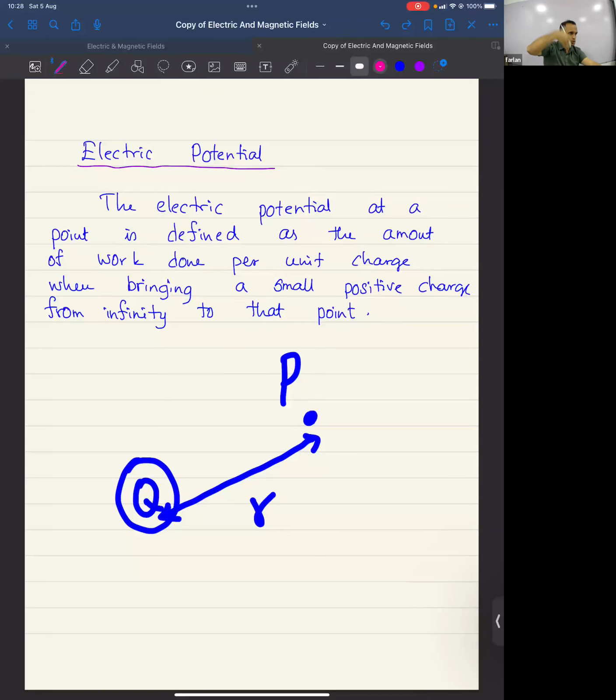Why? The amount of work done is joules, so work done per unit charge means joules per Coulomb, right? You also know another unit, volts. Potential is measured in volts. So joules per Coulomb is the same as volts.